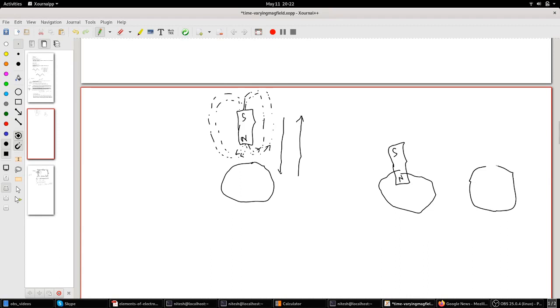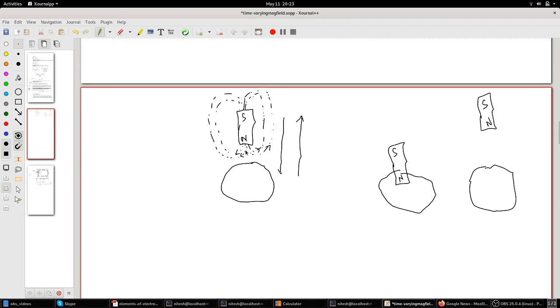In another instance of time, the north pole will be here. So what I am eventually doing is moving this magnet up and down near the closed circuit.